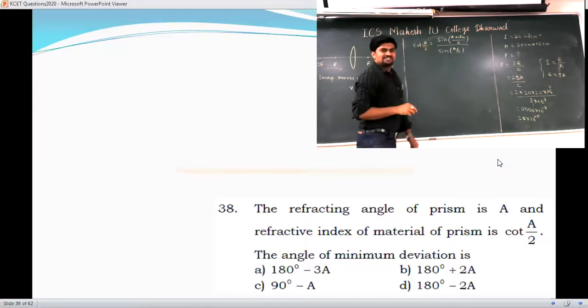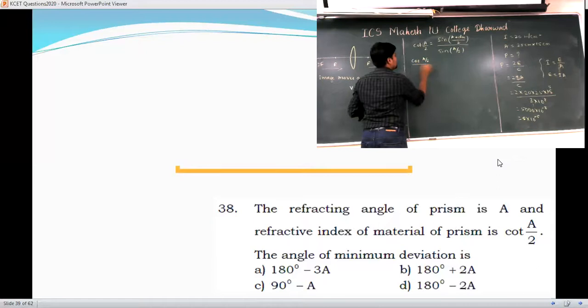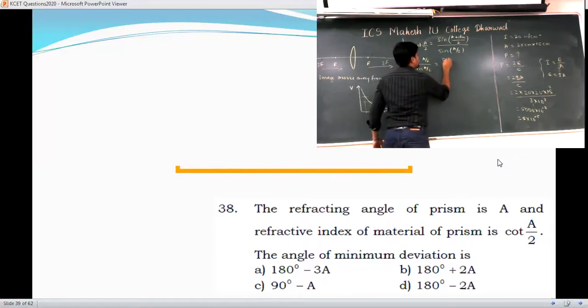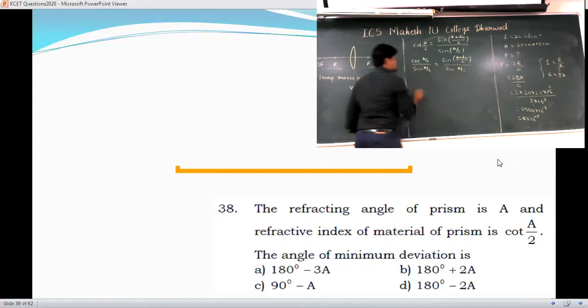For simplicity, I can write cot A by 2 as cos of A by 2 divided by sine of A by 2, which is equal to sine of (A plus dm) by 2 divided by sine of A by 2. Now sine A by 2 gets cancelled. Next, how can we write cos of A by 2 in terms of sine?